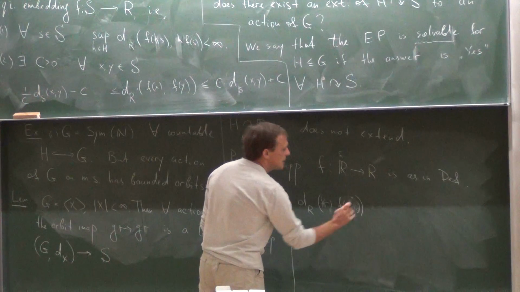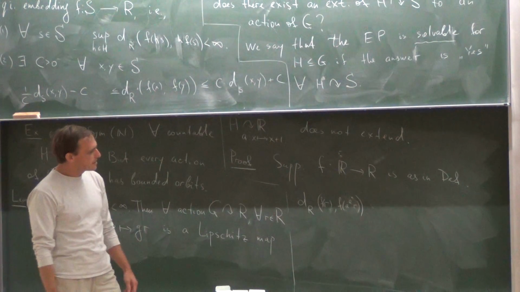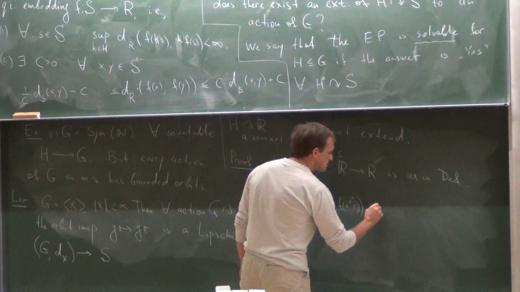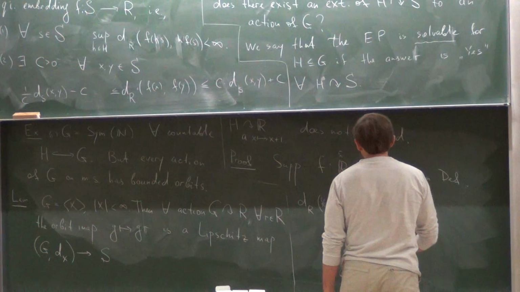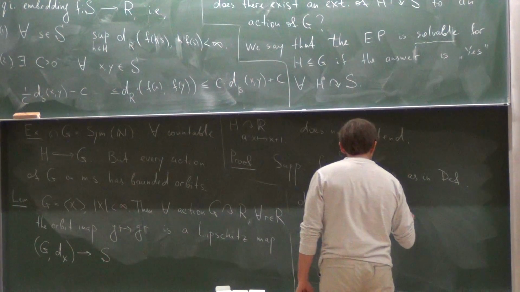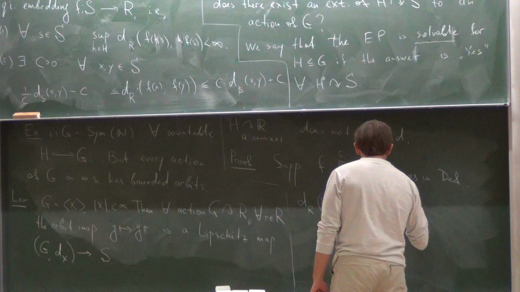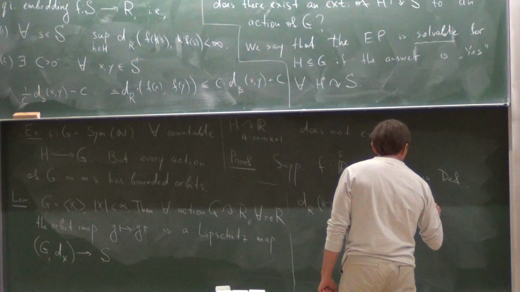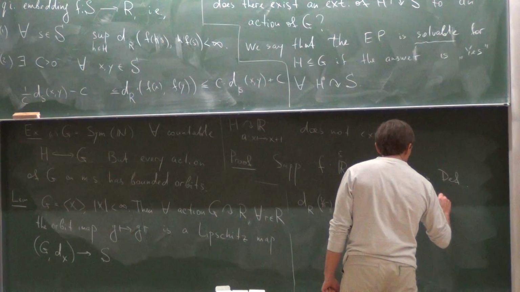Because f is a quasi-isometric embedding, this is at least 1 over c times the distance in real numbers between r and a to the 2 to the n r.